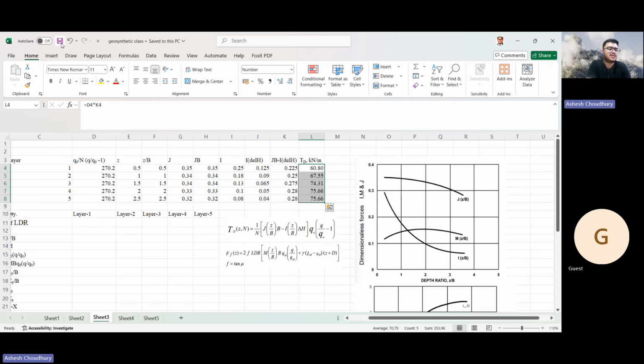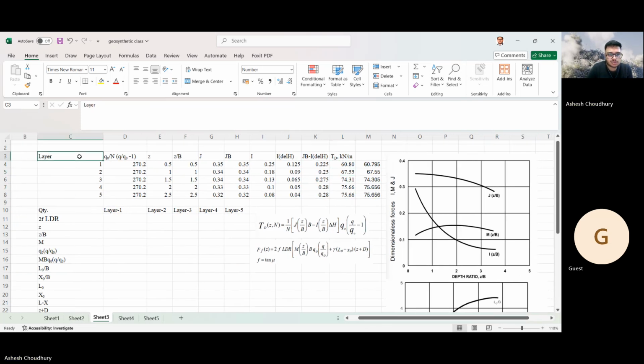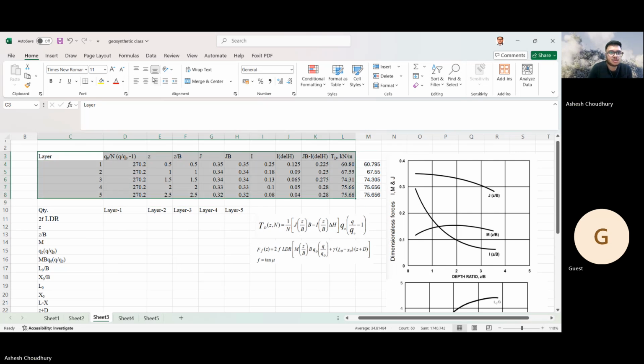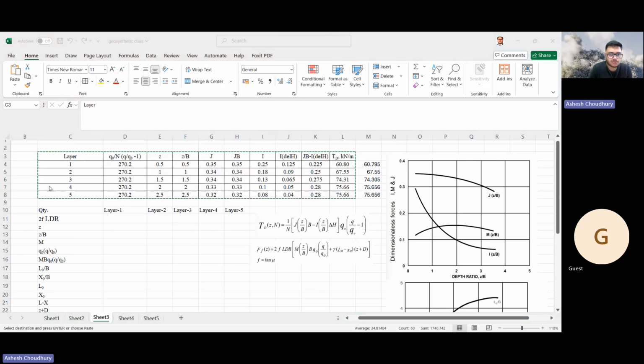You are seeing that as the depth increases, this TD almost becomes constant. Now you have got that TD. I will copy and paste it in our PPT so that you can access it.